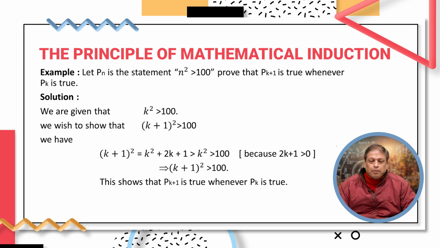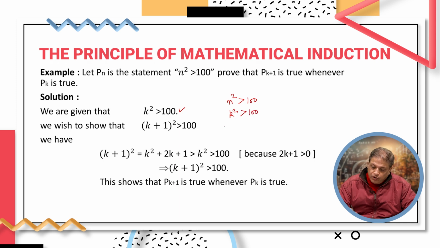So, let's apply the principle of mathematical induction to solve some problems. Let me give you an example. Let Pn be a statement where n square is greater than 100, and we are supposed to prove that Pk plus 1 is true whenever Pk is true. If we go for the kth term, then, because the given statement is n square is greater than 100, k square is to be greater than 100.